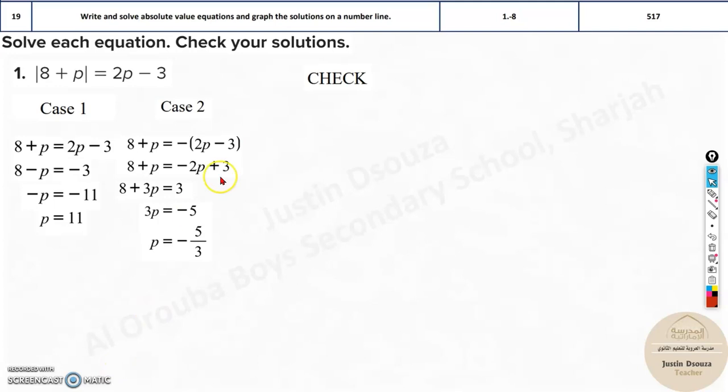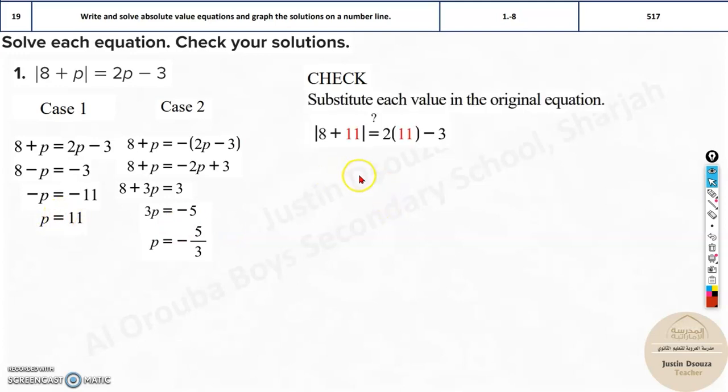Now what happens is, whenever you have absolute value functions, you cannot be 100% sure that the answer is correct. You need to do the checks. How do you do the checks? Whatever answers you obtained must be put into this equation. Put over here, 8 plus 11.